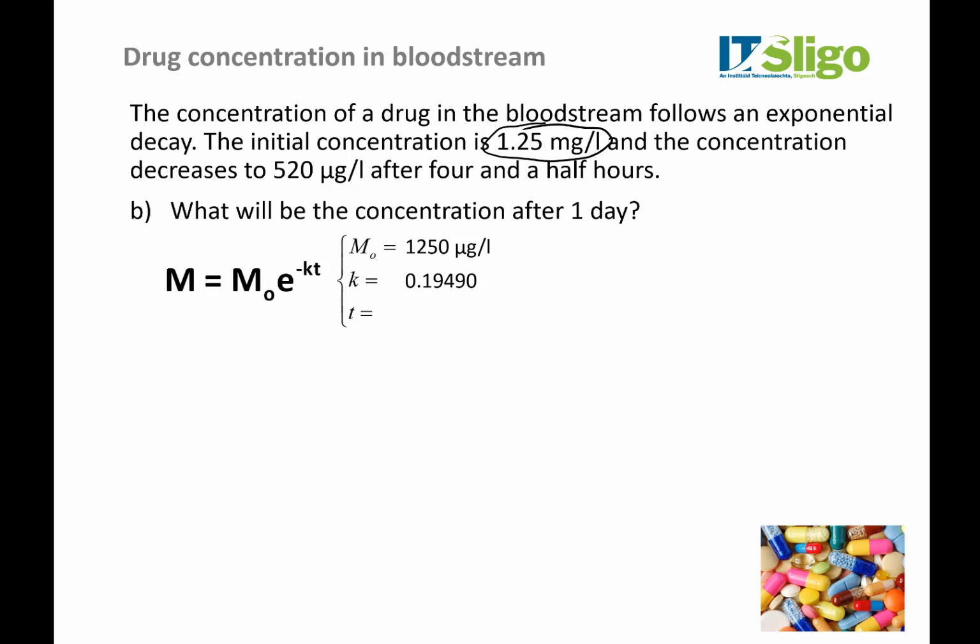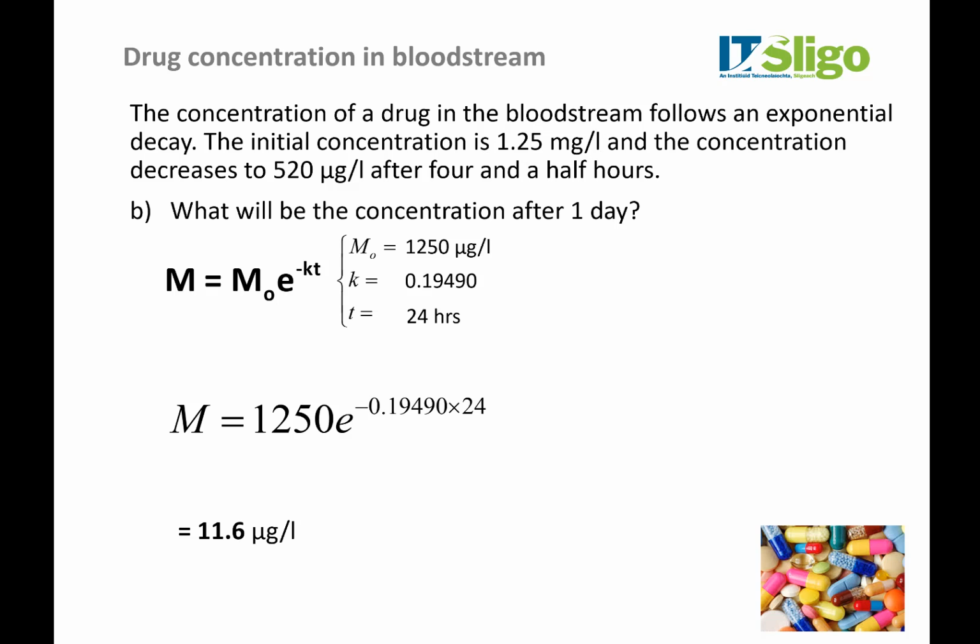Again, we need to bring everything to consistent units, 24 hours. We feed these values in. Make sure you have your minus in there, otherwise the concentration of the drug in the patient's blood would be increasing. And after 1 day, the concentration of the drug would be 11.6 micrograms per litre.